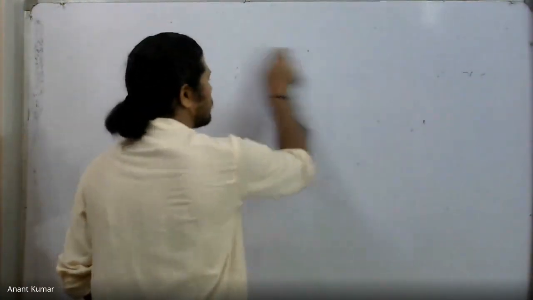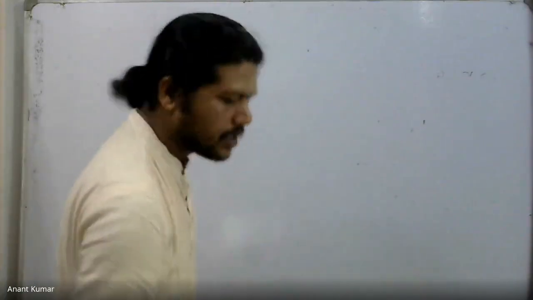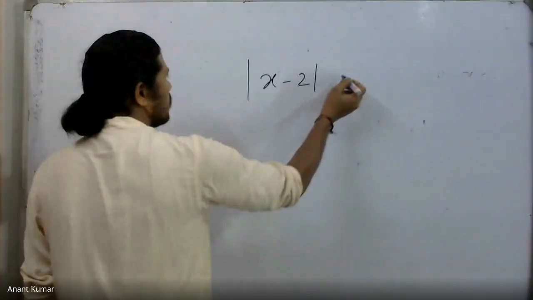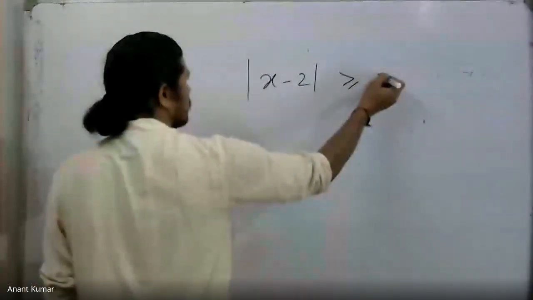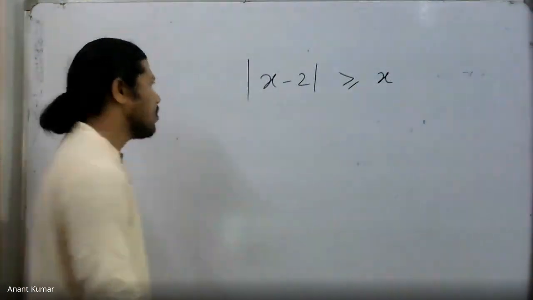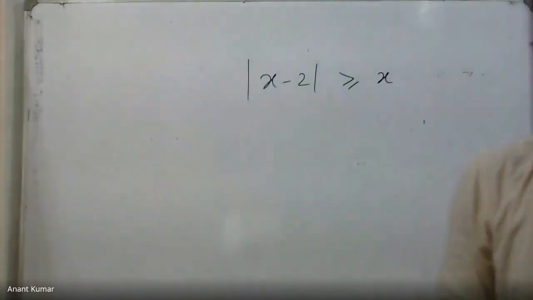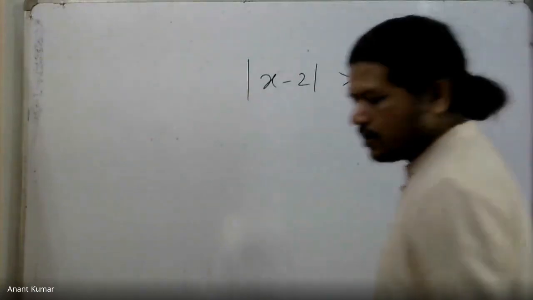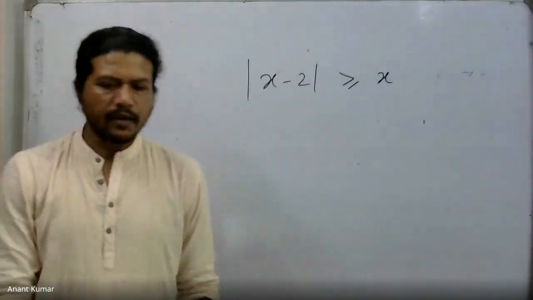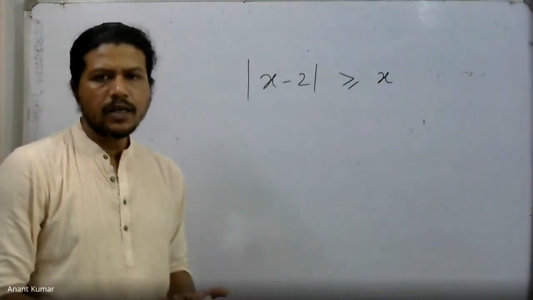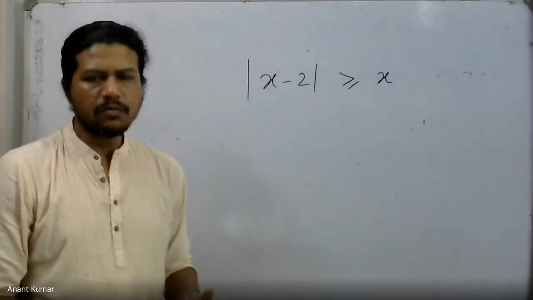Let us consider something else. Say for instance that I have mod of x minus 2 more than or equal to x, for example. An inequality like this: mod of x minus 2 is more than or equal to... hold on, I'm going to that. I'm just saying I'll come to the graph in a moment, but let's consider an inequality which has only one variable x for the moment.